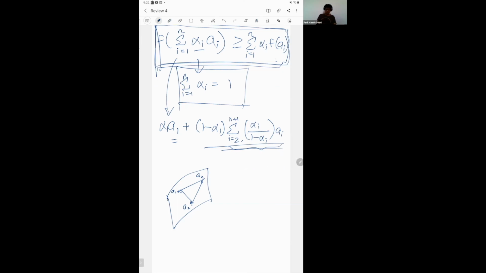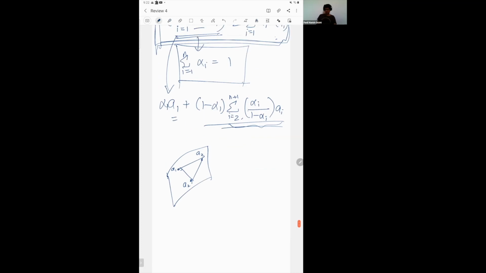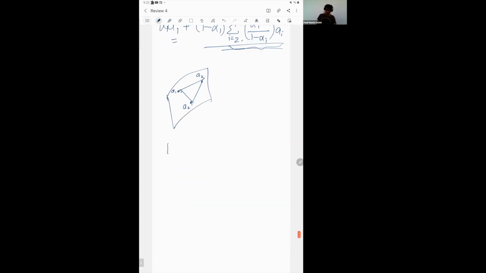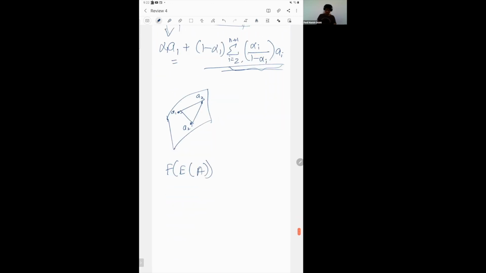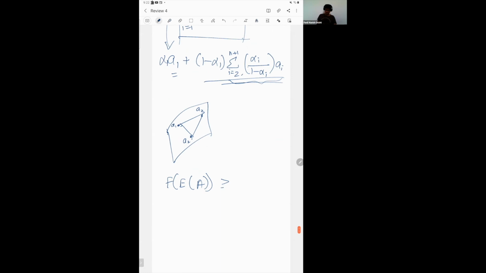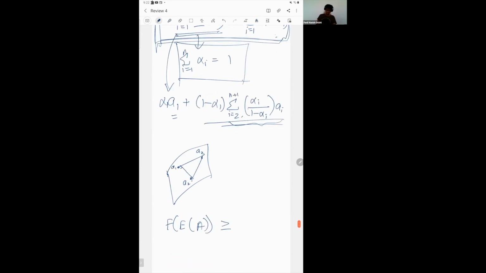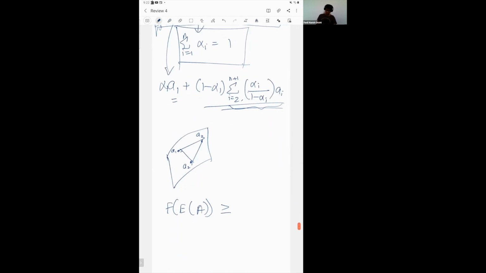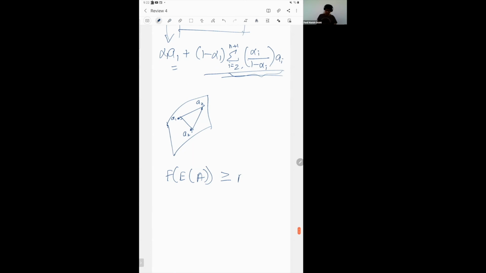So this would simply become the expectation of a, as Deb mentioned, where a is a random variable and ai are those realizations. Then this would simply become the expectation of f of a.